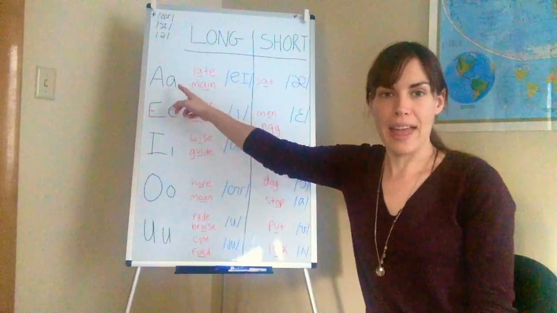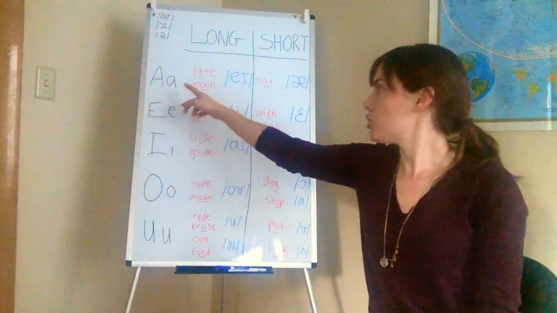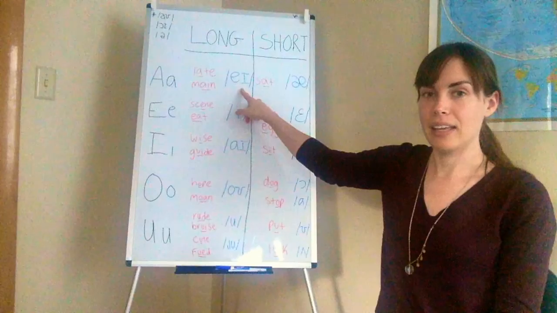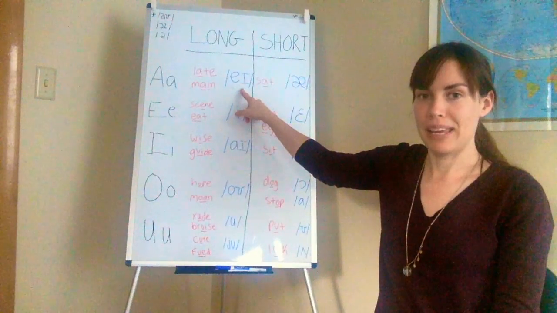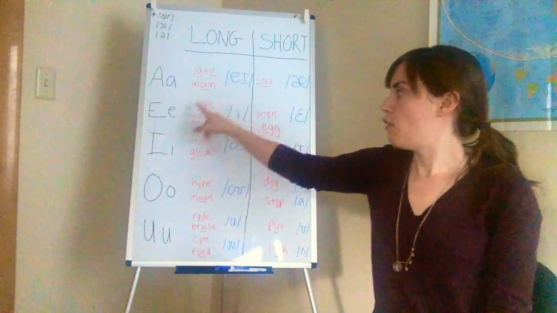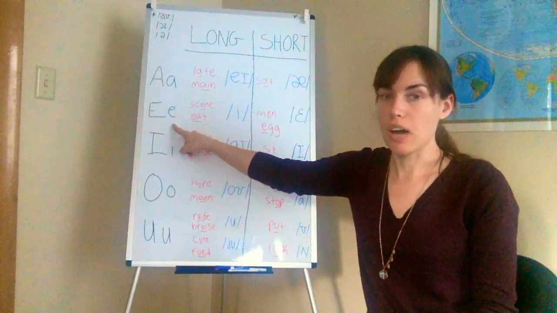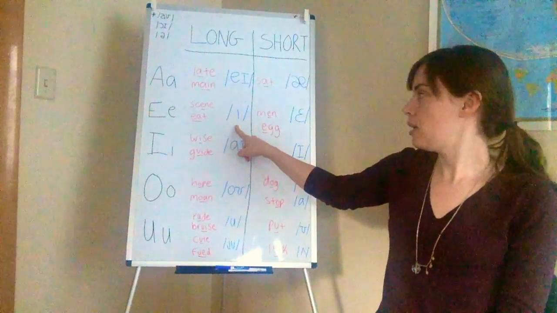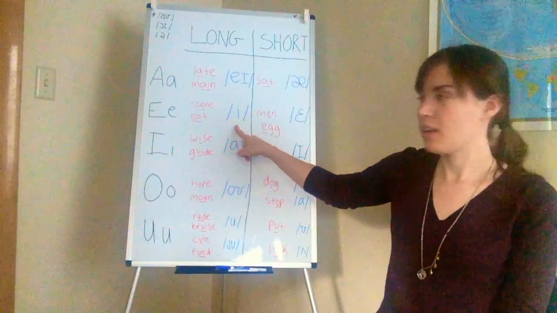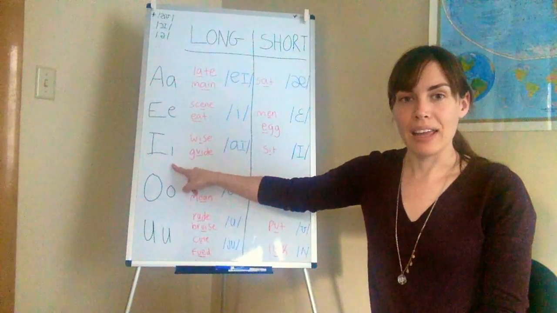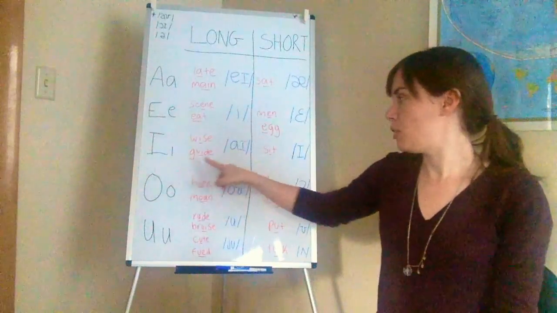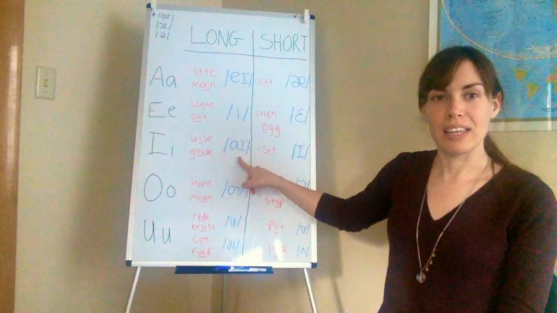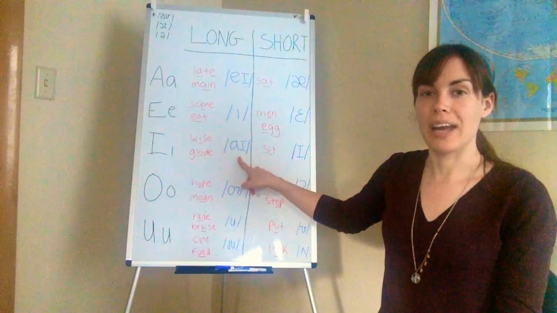For the letter A, the long version is pronounced A, like in late or main. For the letter E, the long version is pronounced E, like in seen or eat. For the letter I, the long version is pronounced I, like in the words wise or guys.